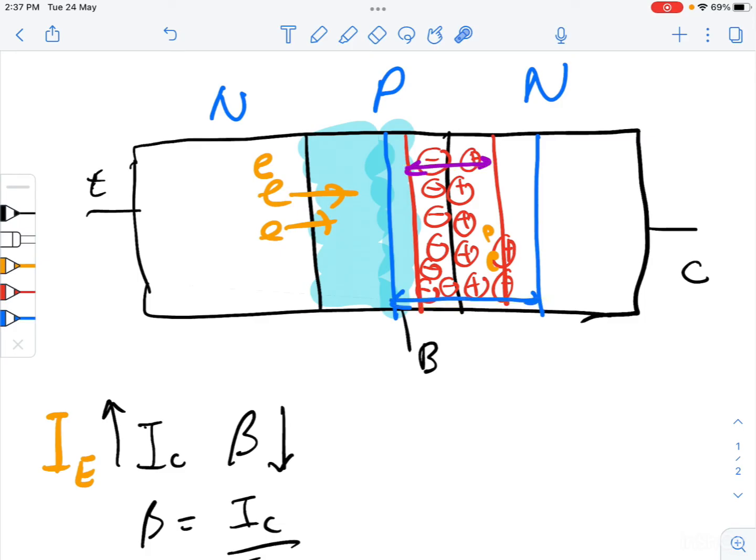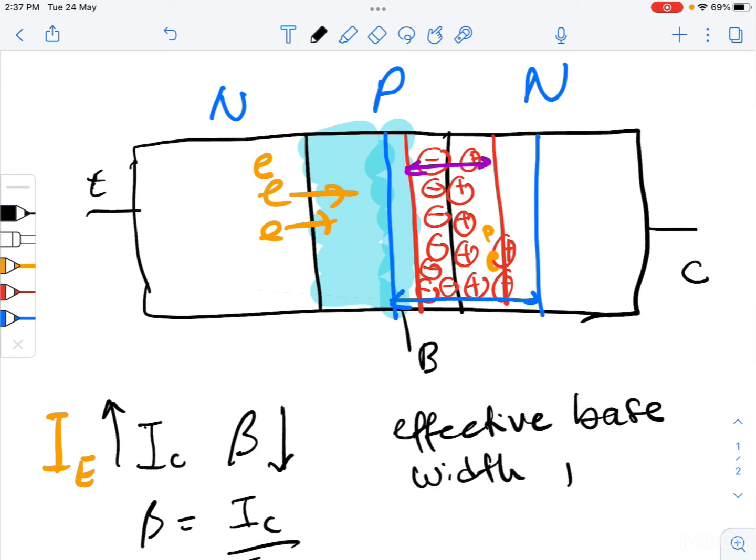So the new one is the purple one. Comparing this region to the region of the blue, it is bigger. So it means that at very high collector current, the effective base width increases.